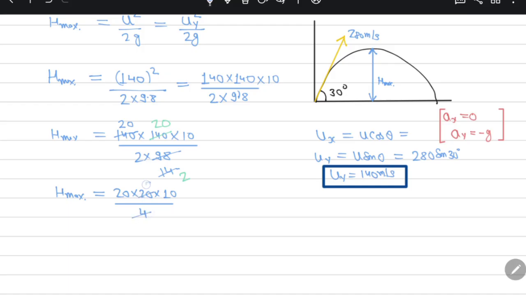If I divide by 4, this comes out to be 5. So h max comes out to be 20 into 5, 100, into 10, 1000 meters.